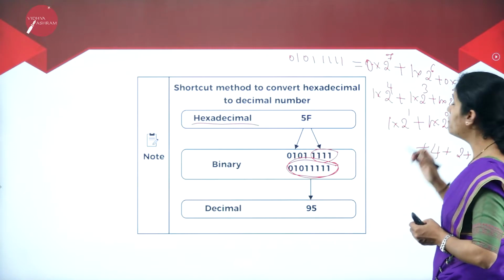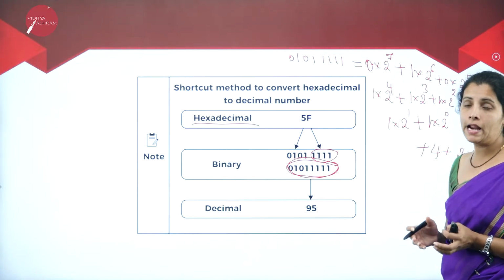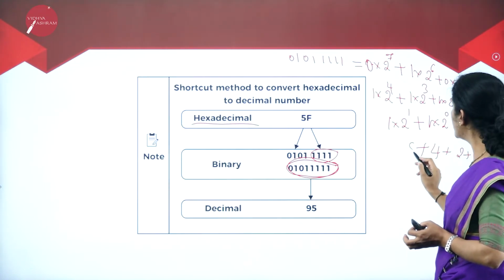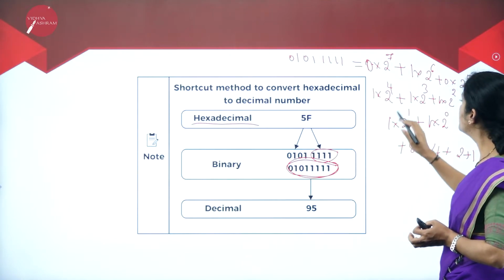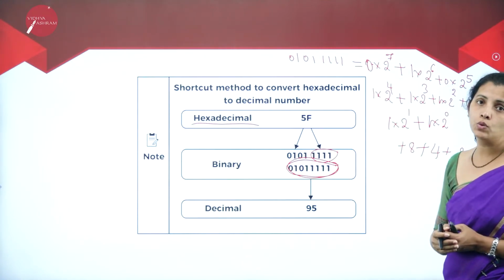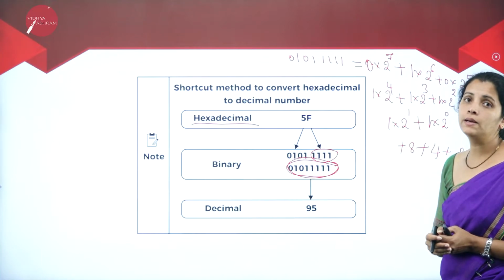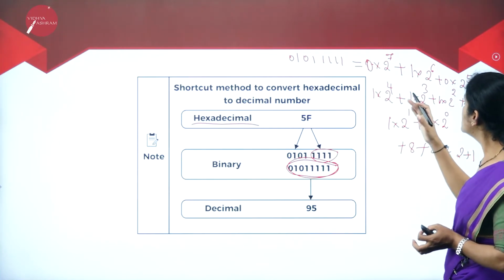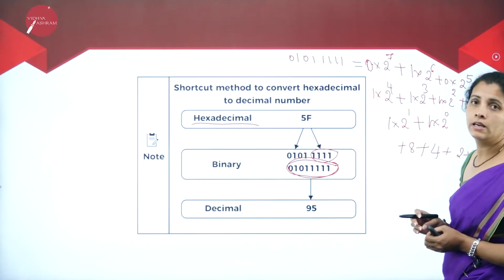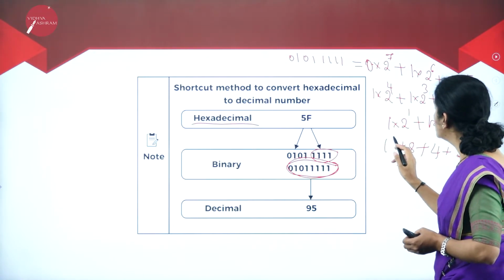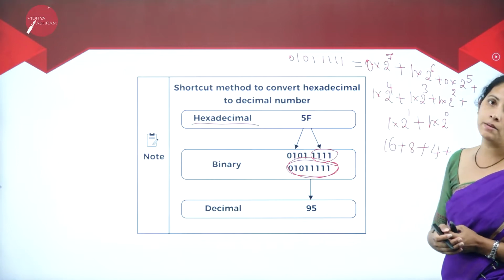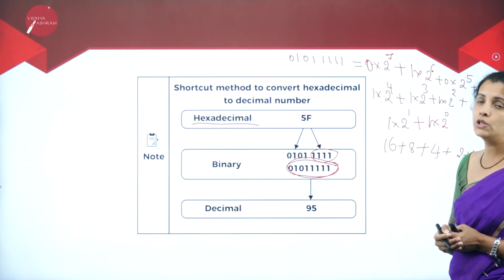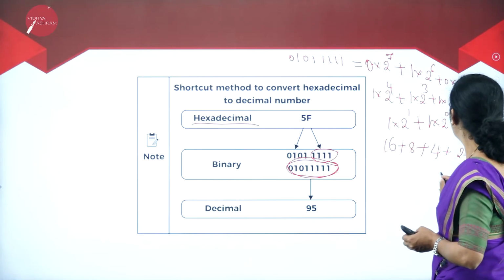Plus 2 to the power 3 is nothing but 8, and 8 into 1 is 8. Then 2 to the power 4 is nothing but 16, and 16 into 1 is 16.